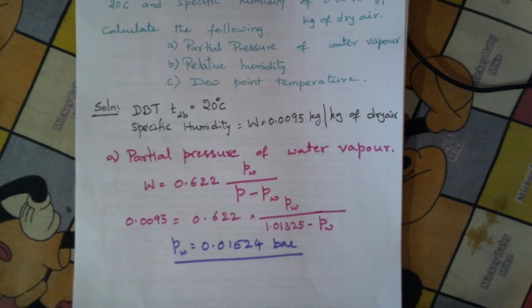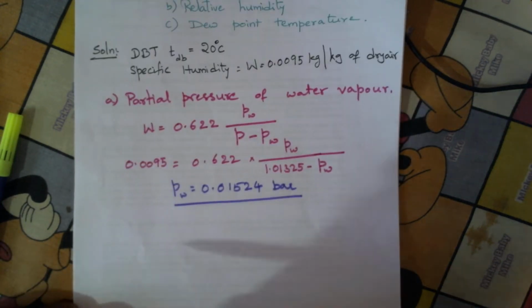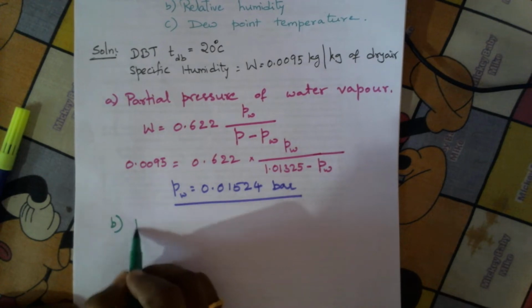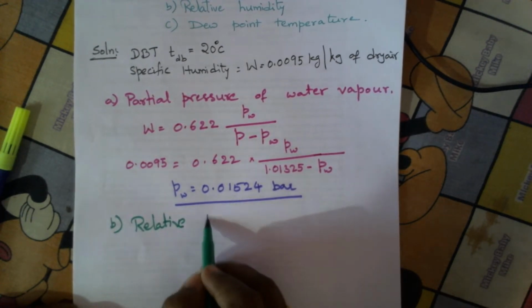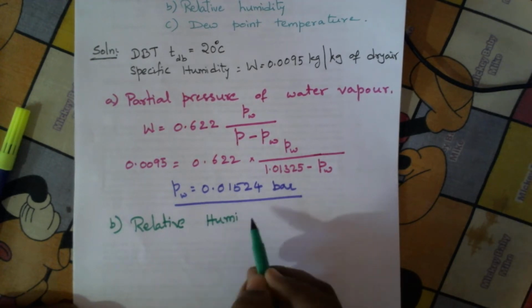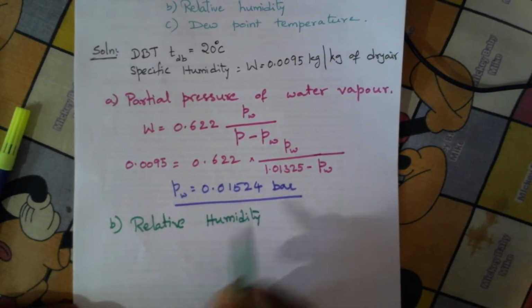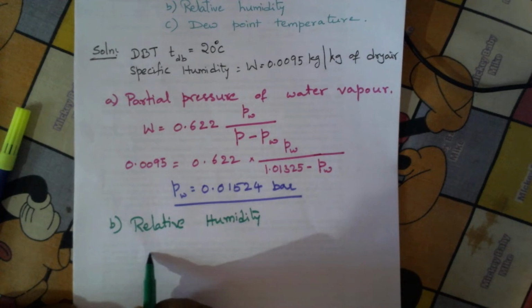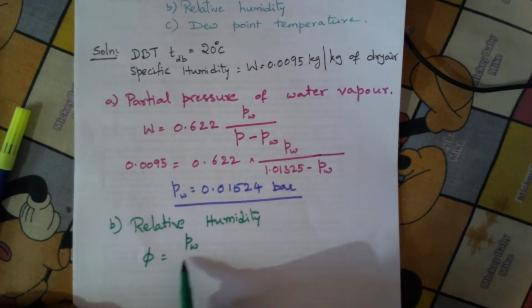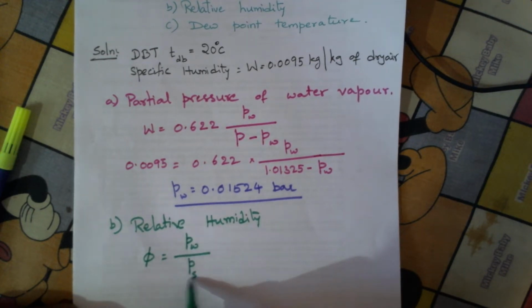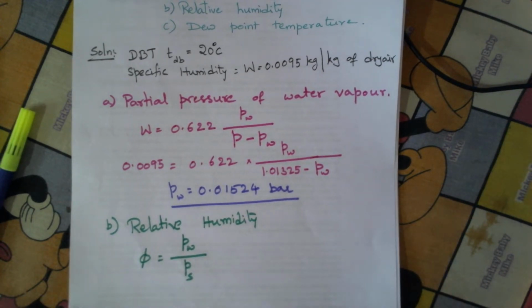So what is the second one? Relative humidity. How to calculate relative humidity? Let us see. B, relative humidity. What is the formula for relative humidity? Phi is equal to partial pressure of water vapor at the given condition divided by partial pressure of water vapor in saturation condition.